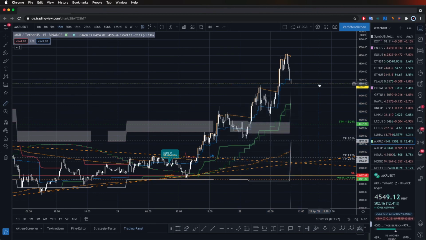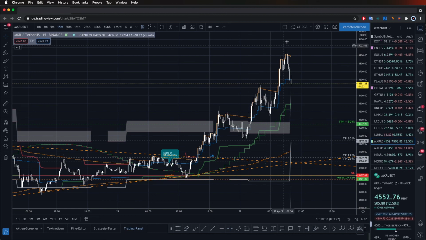Yeah, I guess I will now have a short look at the news to see what MKR actually is. Normally I'm just trading technical analysis with this DGR. I'm not even interested in what this coin is.